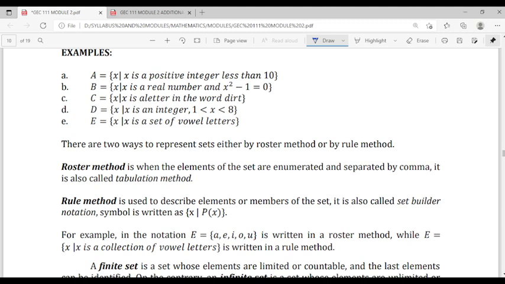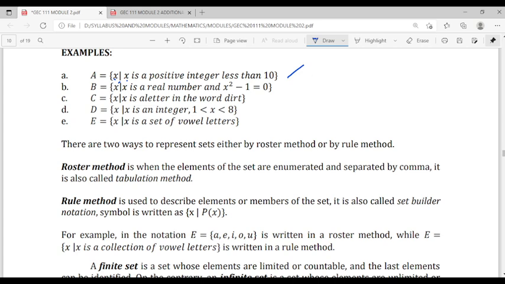So we have A is equal to, how we read this, x such that x is a positive integer less than 10. For set B, x such that x is a real number and x squared minus 1 is equal to 0.